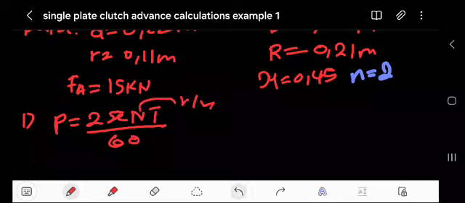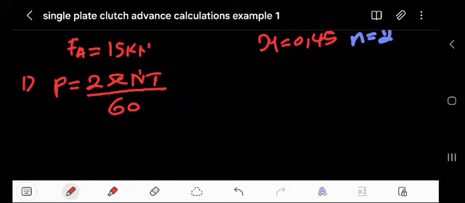If N is not given in revolutions per minute, you just remove the 60. But now, because it is given in revolutions per minute, you simply have to put that 60 there, multiplied by torque.